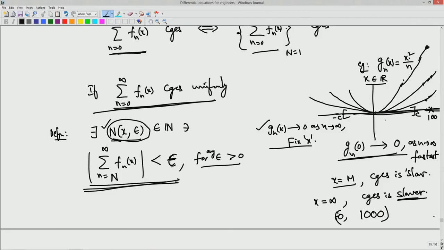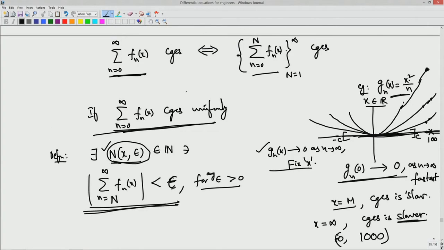That is another way of saying it. If this is the sequence we are looking at, this is the series we are looking at. Both are the same. When you look at the series, the functions here are partial sums. So, the partial sums convergence will have a non-zero infimum speed of convergence for all values of x.